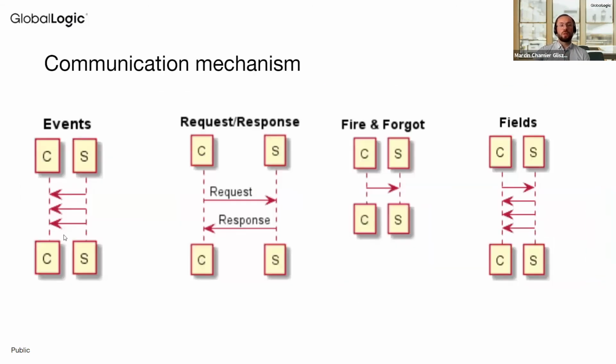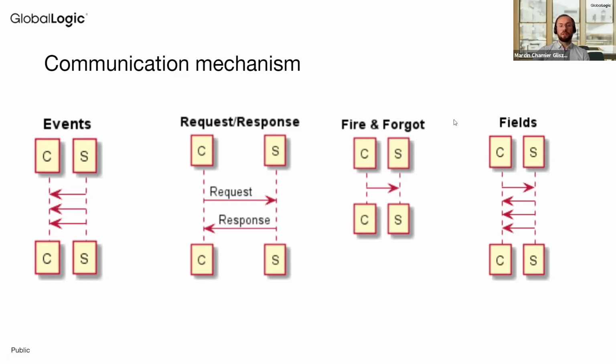Events allow us only to communicate from the service to the client. If one client or several clients subscribe for the event, which is provided through the ARA definition file, then the service will send an event on any change of the signal which occurs.